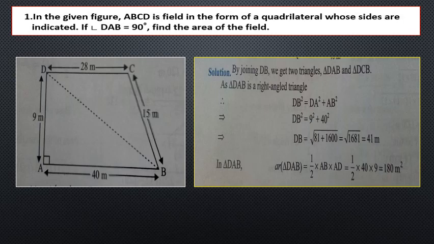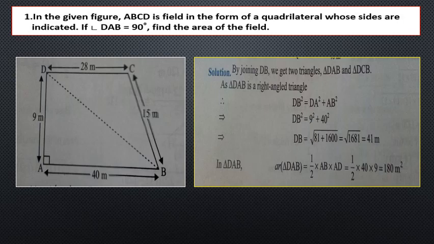Now by using the Pythagoras theorem, we can find the side BD. BD square is equal to DA square plus AB square, that is BD square is equal to 9 square plus 40 square. Our DA is 9 meters, AB is 40 meters.